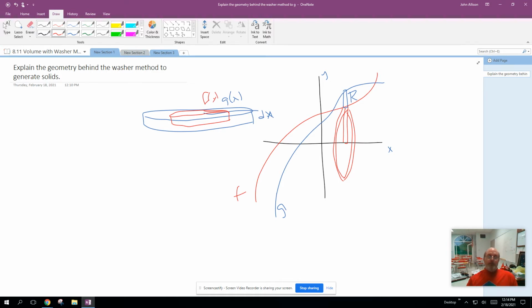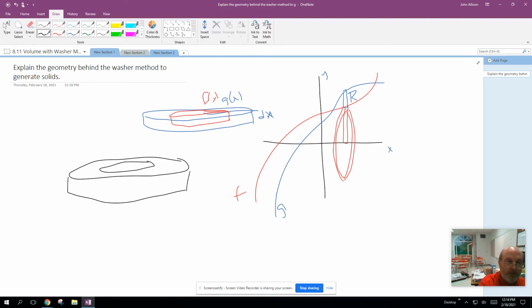The height is still dx, but what we create now, instead of a big disk like we had before, is why this is named what it is, a washer. If you looked at it standing up on its side, it would look like a donut, and this middle portion here is cut out. And that is that part f of x.